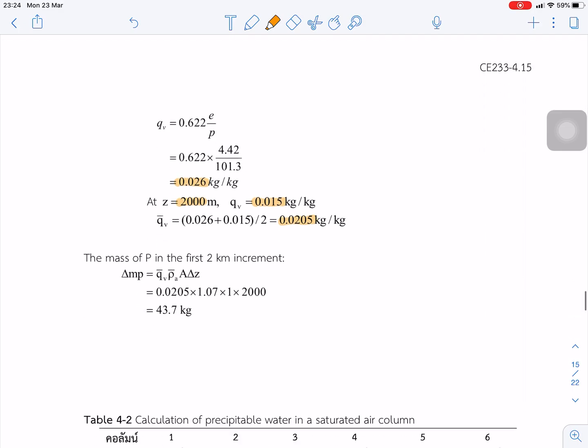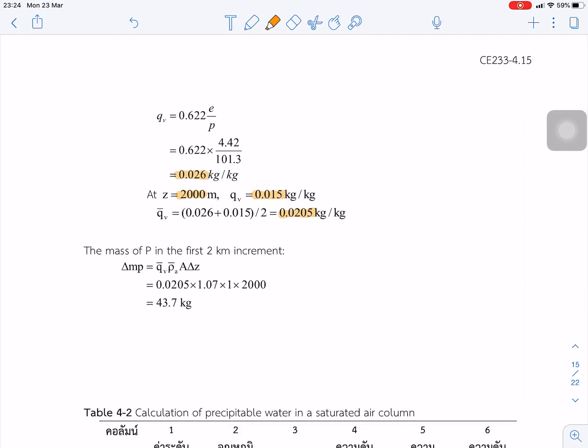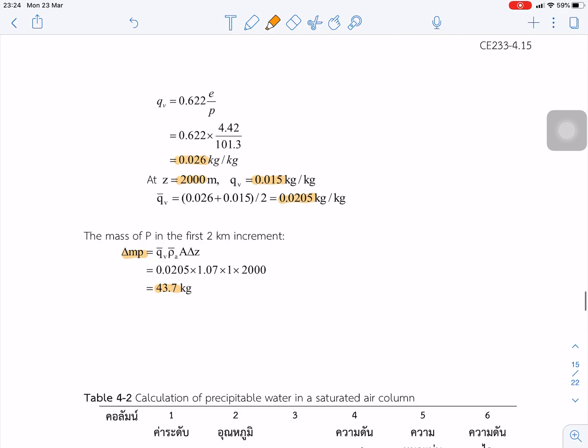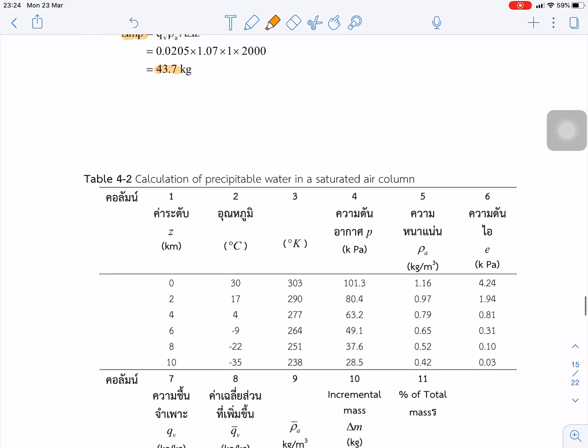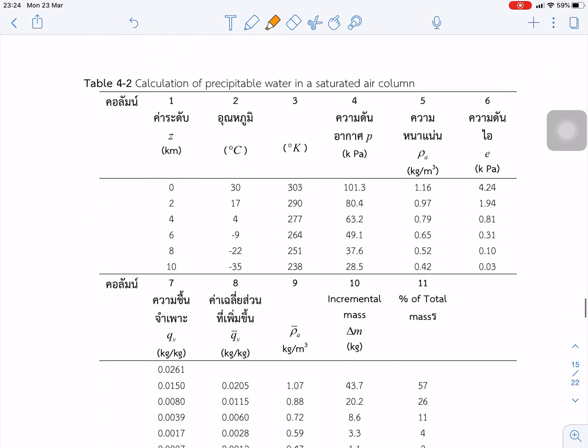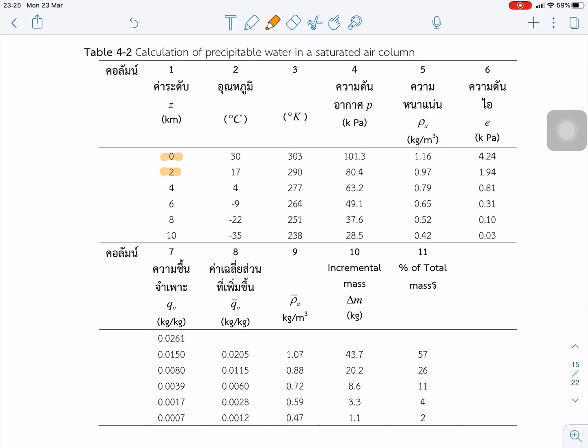The average we get is 0.0205, and we substitute into the equation for delta mp, the mass of precipitable water. So we get the mass of water is about 43.7. We put this together in this table. We just finished from this level to this level, and we can estimate the incremental mass about 43.2.